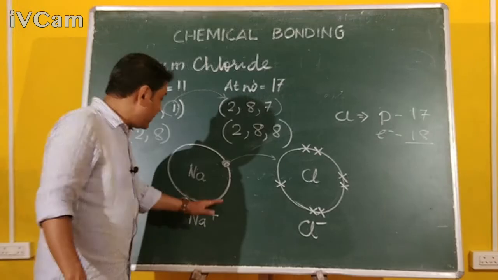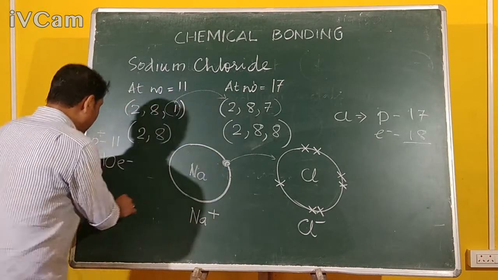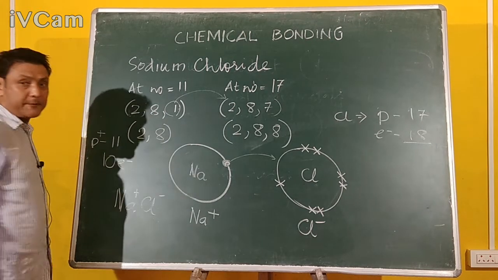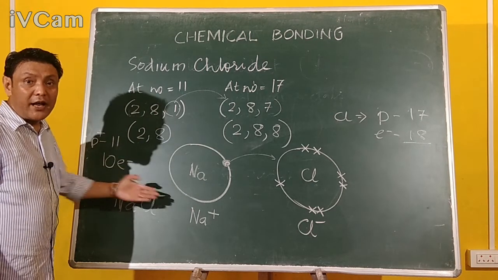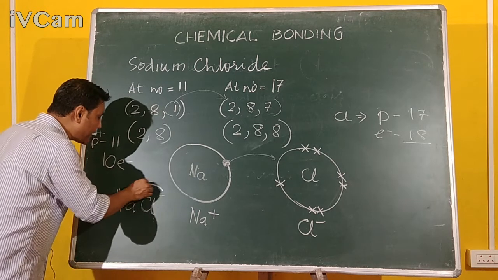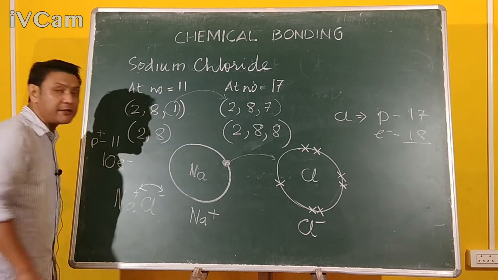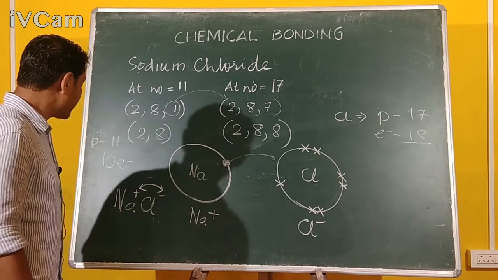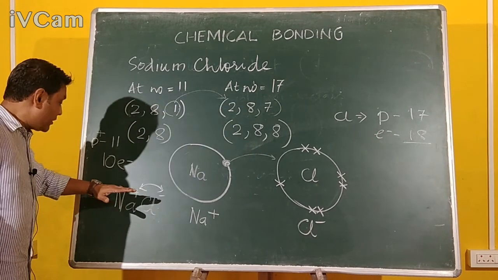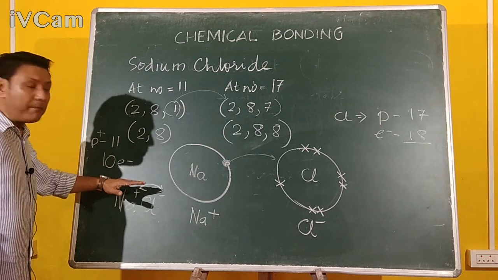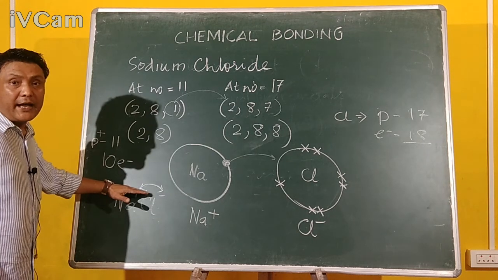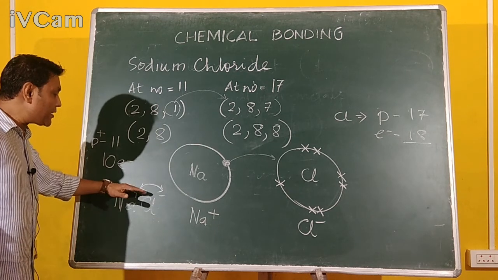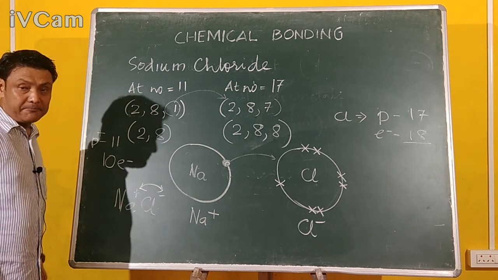Okay. And between this Na+ and Cl-, these are ions now. These ions are held together very strongly, let me tell you, by the electrostatic force of attraction, and form sodium chloride.